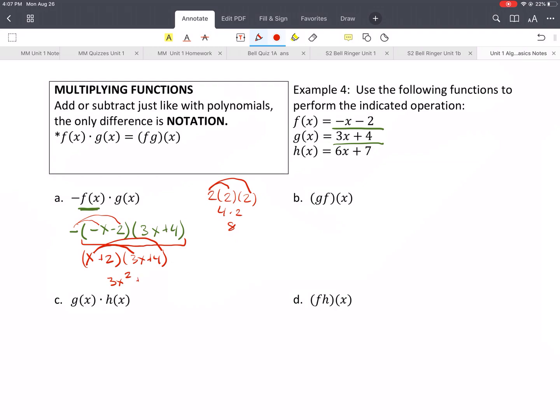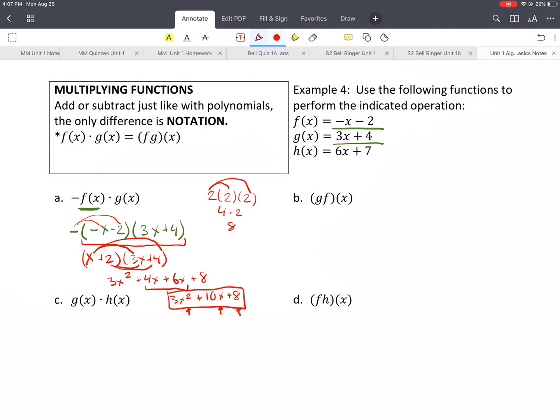That gives us positive 4x. Then we get a positive 6x and then a positive 8. Combine like terms, and that would end up giving us 3x squared plus 10x plus 8. Okay? And again, they're in standard form, highest exponents first, down to the constant.